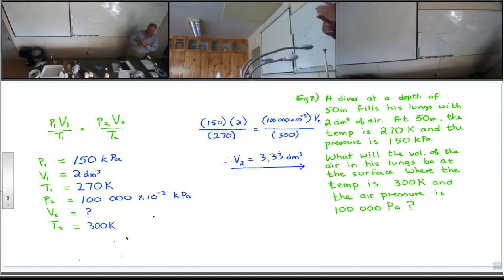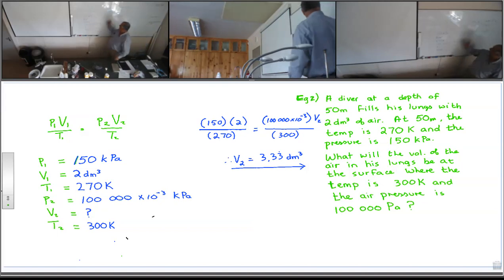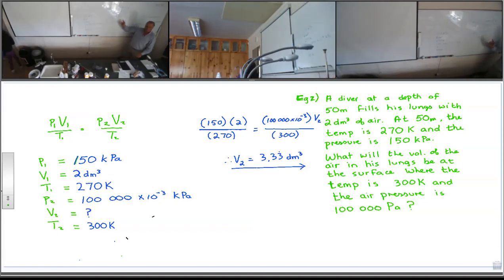How much space would that same air occupy at the surface? 3.33. In other words, it's increased by 50%. Can your lungs increase by 50%? Yes or no? No. What's going to happen to your lungs? They're going to pop.